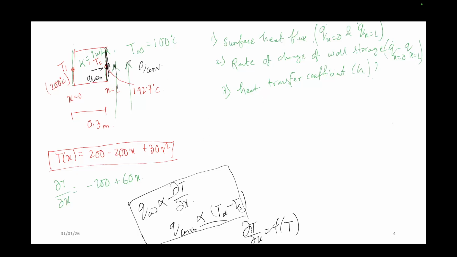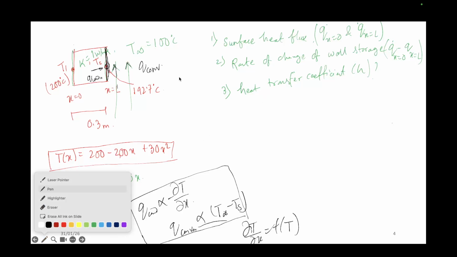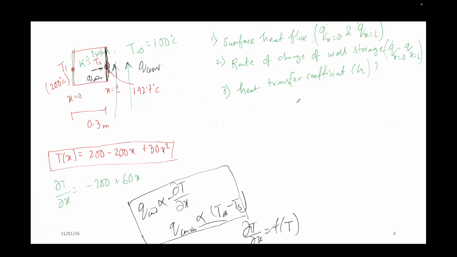In this problem, if you have to solve, you have to show that this Q conduction at x equal to L should be equal to Q convection, right? Because whatever the heat flux is at the surface and whatever heat is flowing out of that should be equal. Is it okay?